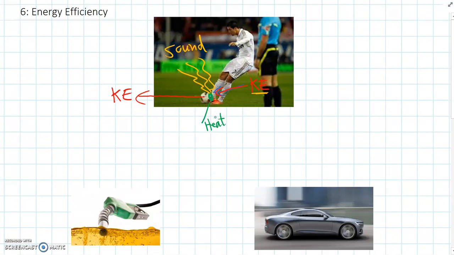So what happens is, whenever there's a transformation, not all the energy goes where we want it to. The soccer player wants all of their kinetic energy to transfer to the ball, but some of it is lost as sound and heat. So we can say that not all transformations go where we want them.